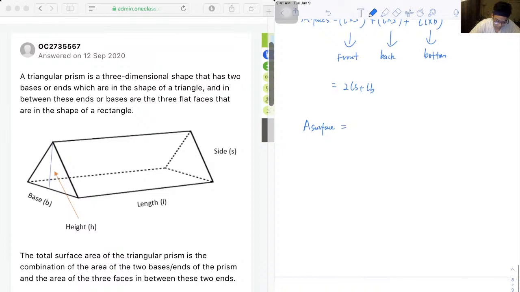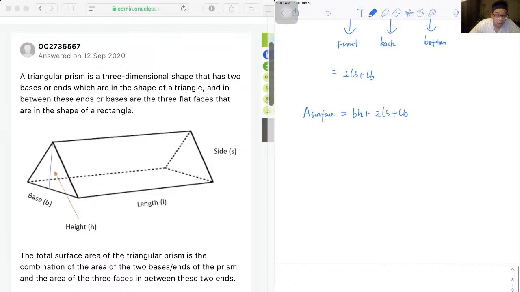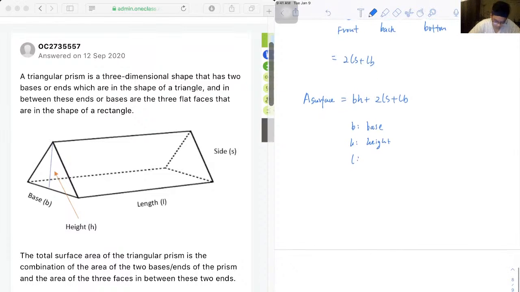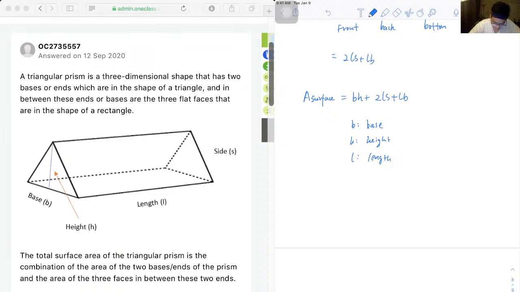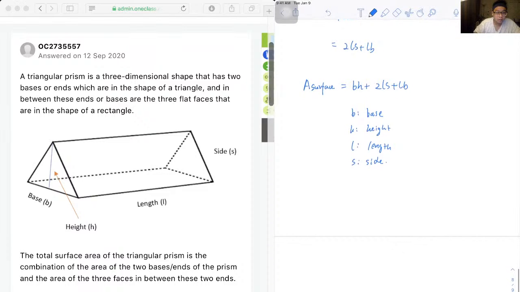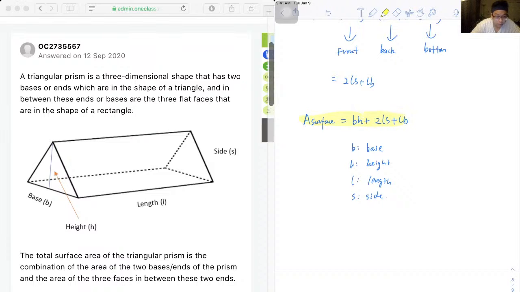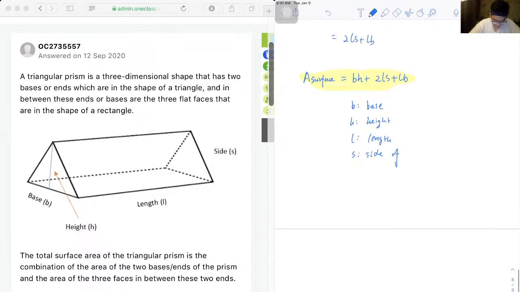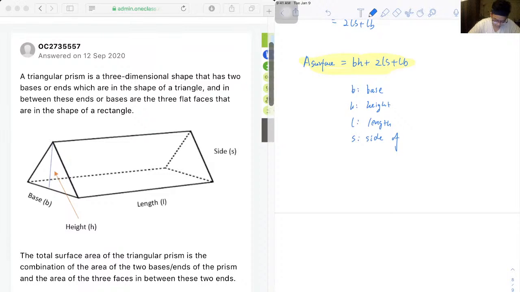This should be BH plus 2LS plus LB, where B is the base, H is the height, L is the length, and S is the side of the triangular ends. Okay, so I think that's all we have for this one.